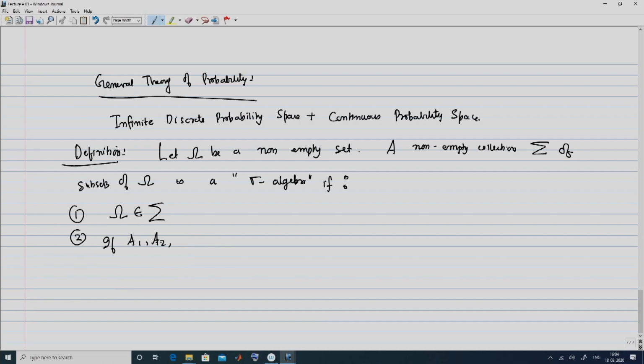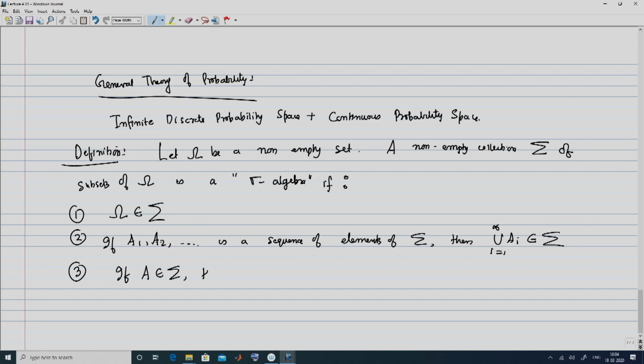So, if A1, A2 all the way is a sequence of elements of sigma, then the union of all these A i, i equal to 1 to infinity, also belongs to sigma. And the third property is closure under complement, which says that if A belongs to sigma, then the complement of A also belongs to sigma.